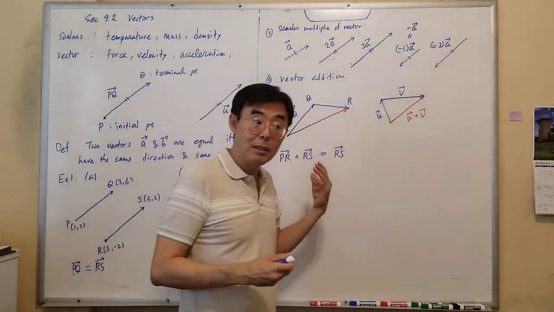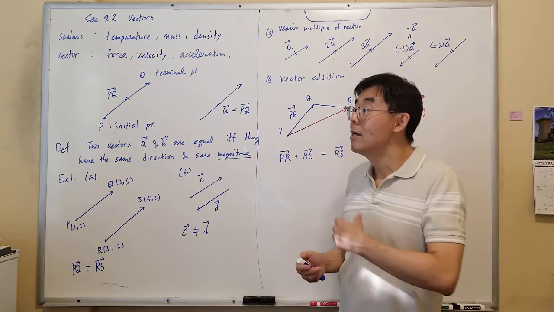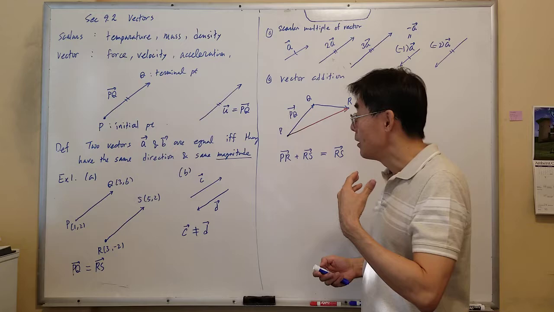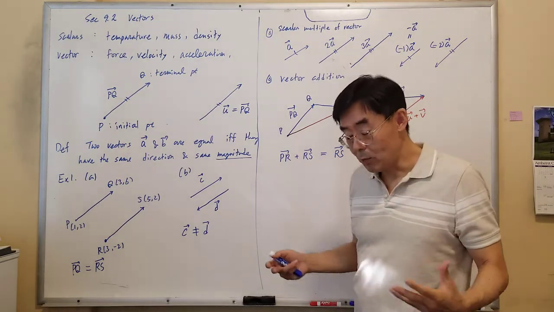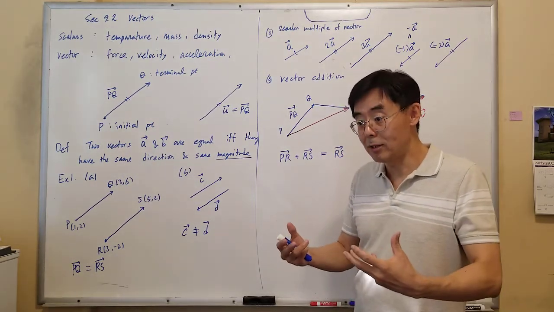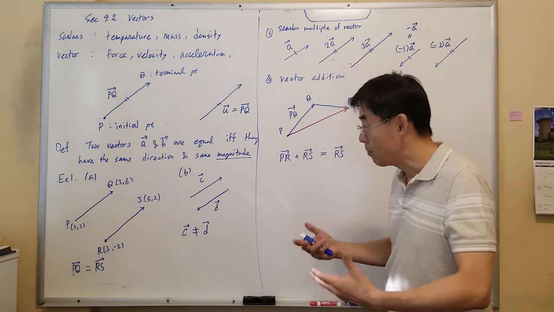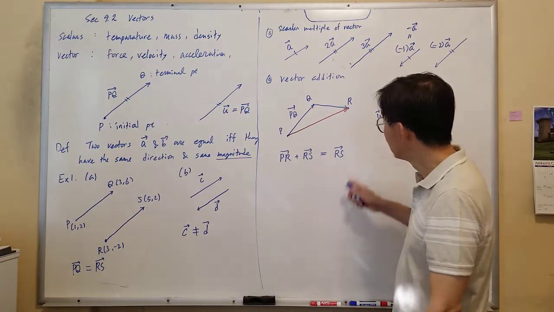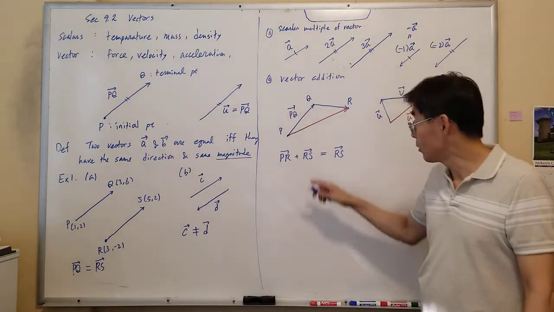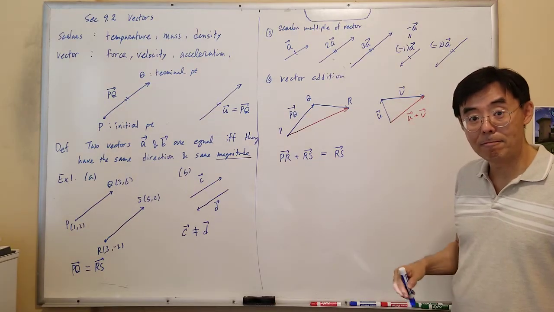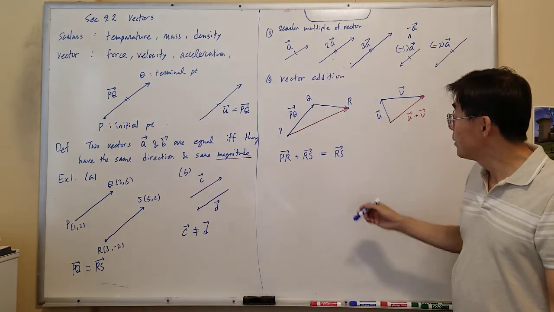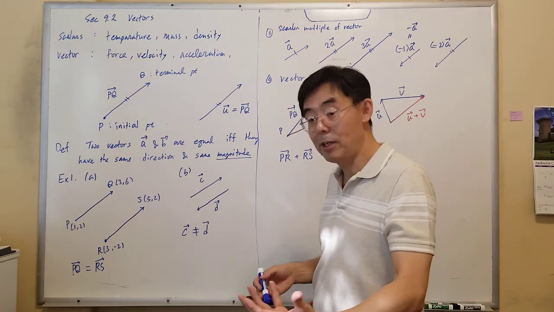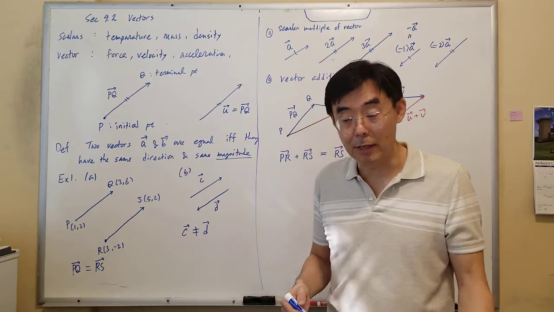Now, why do we define vector addition like that? Because we realize that in nature, so-called vector quantities, when you combine 2 vectors of the same kind, the resultant effect is actually the same as the vector we define by addition like that, right? So we are inspired by the observation of how nature works, right?